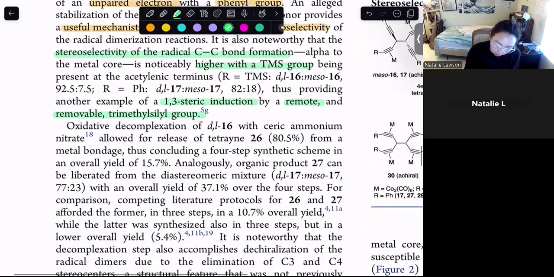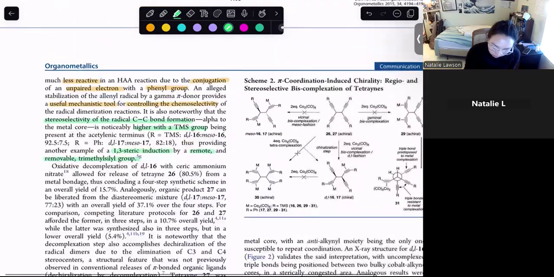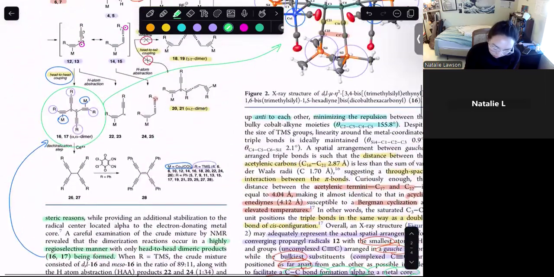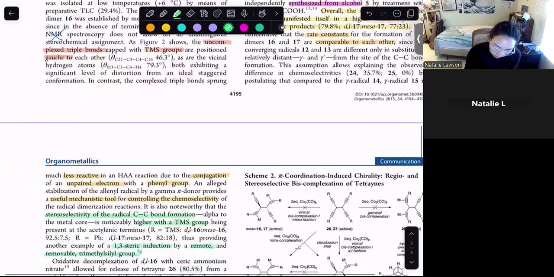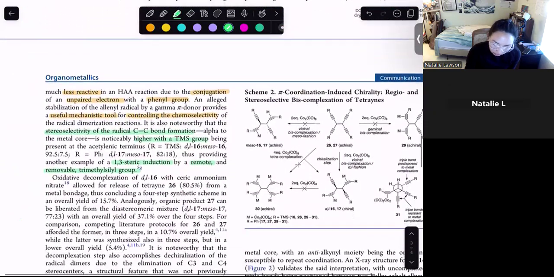So the addition of the trimethylsilyl group, the TMS group, was intentional and favorable for stereoselectivity. So controlling the reaction basically.